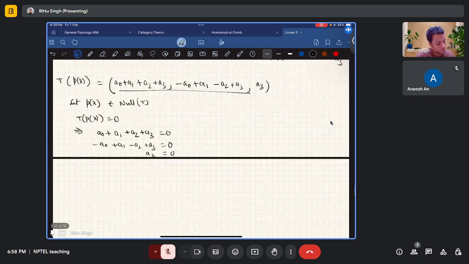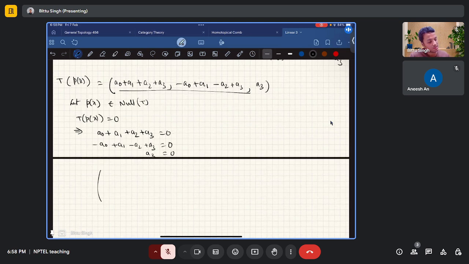So again, we will solve this kind of equation and see what the possibilities of the ai are. The matrix is 1 1 1 1, minus 1 1 minus 1 1, 0 0 0 1, just putting the coefficients. So we need to find all ai such that this vanishes.